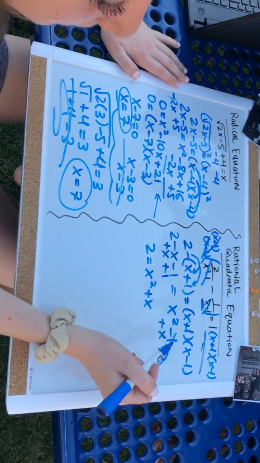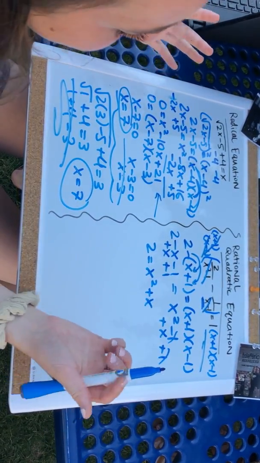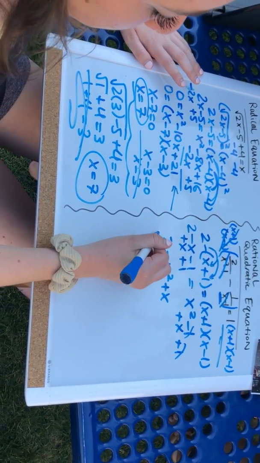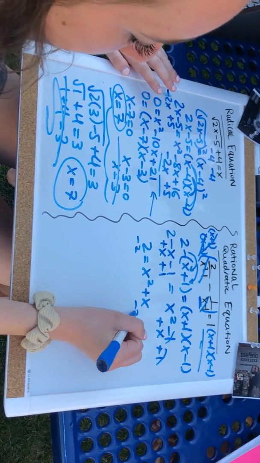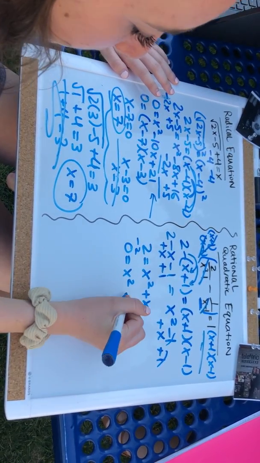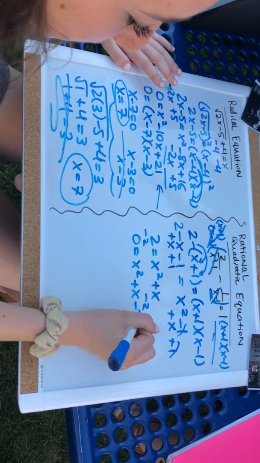And these two cancel out because negative 1 plus 1 is 0. And then we still got this 2 left over here. So we're going to do minus 2, minus 2. We have 0 equals x squared plus x minus 2.